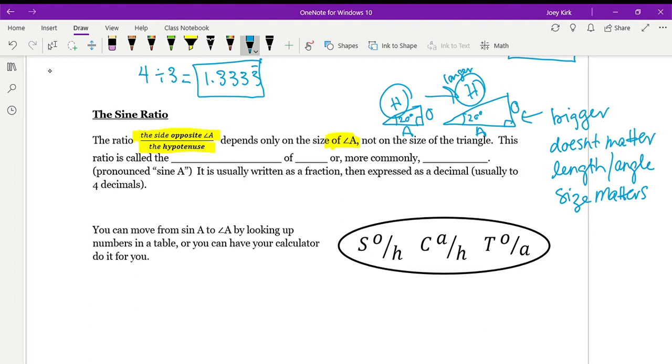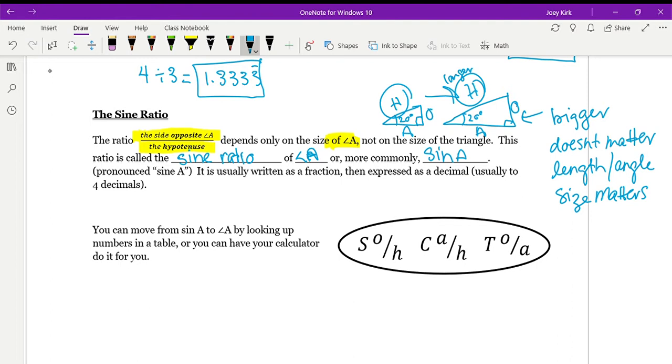So the ratio is called the sine ratio, and often we drop the E, just to make it only 3 letters. So sine ratio of angle A, or angle theta, or whatever angle you want, the angle of interest, or more commonly, we will say sine of A, where A is your angle of interest.